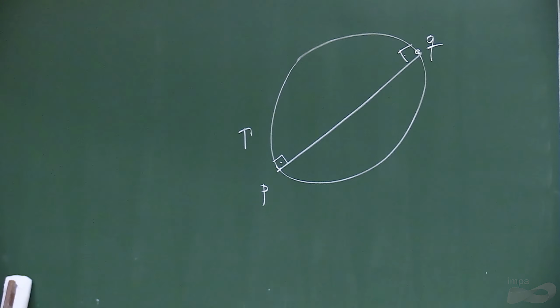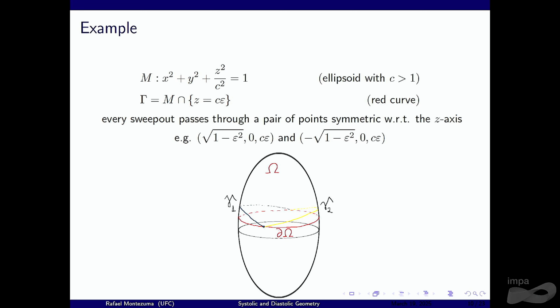There is another situation which is also relevant. It's the situation that happens here, for example, for this curve in this elongated ellipsoid. It's a very simple example. You take this elongated ellipsoid, and this red curve is what you get. It's a horizontal cut, a horizontal circle, but you cut a little bit above the equator. Say that this is a rotational ellipsoid.